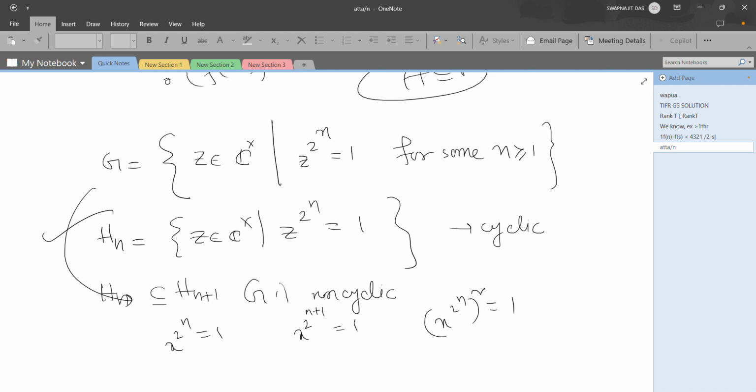Because x power 2 power n whole square is 1. So that is inside this. So Hn is cyclic, and you need to show that all the subgroups are precisely of this form Hn. Then you are done.